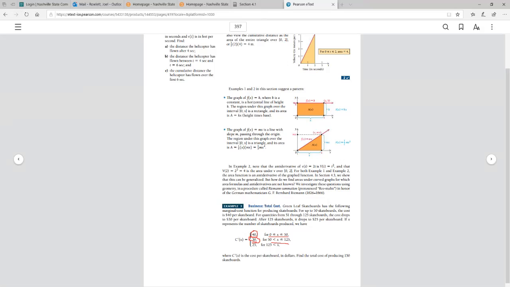And then if you exceed 125, the marginal cost is going to be 25. And remember that the marginal cost is going to be the derivative, right? It's C prime of x, where C prime of x is the cost per skateboard in dollars. So the question is, find the total cost of producing 150 skateboards.